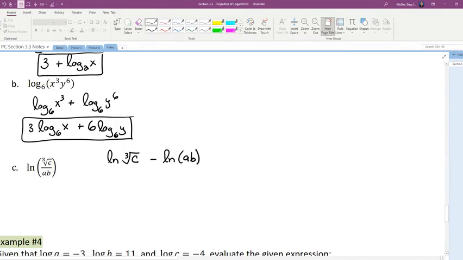I can bring this down front as 1/3. So I'm going to have 1/3 times natural log of c, minus, and now I've got to be a little careful here. The a times b is going to turn into the natural log of a plus the natural log of b. And I just made a very common error. See if you can spot it.